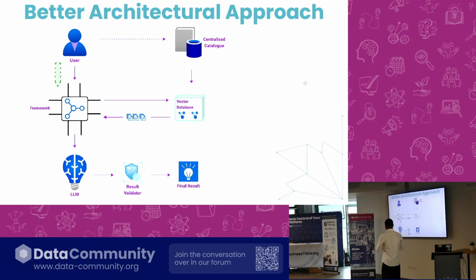Now, the only difference between this architecture and what we saw previously is the fact that instead of consulting a static semantic model, the large language model is being fed pages from the centralized catalog as context. And it does this by, when the user makes a prompt, converting it to serialization numbers.